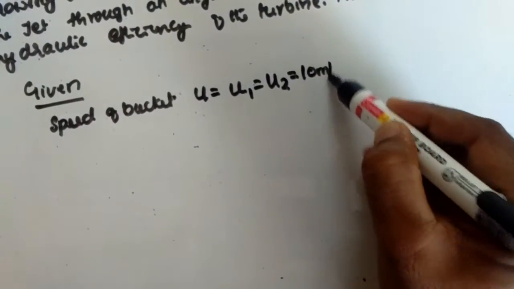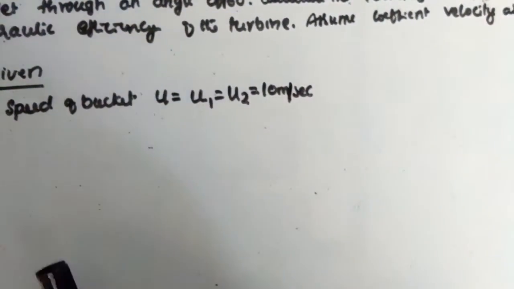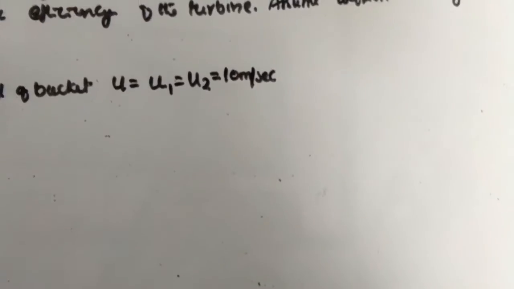It means 10 meter per second is given. A Pelton wheel has a mean bucket speed of 10 meter per second with a jet of water.